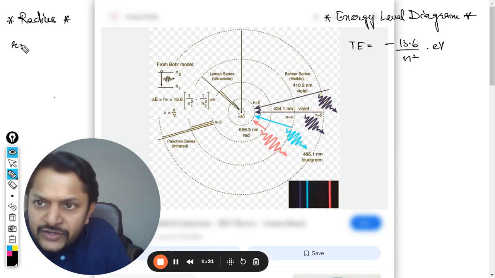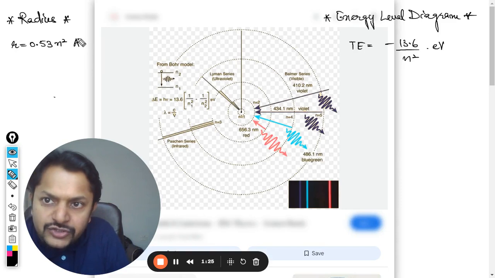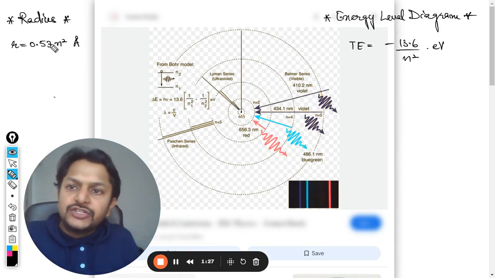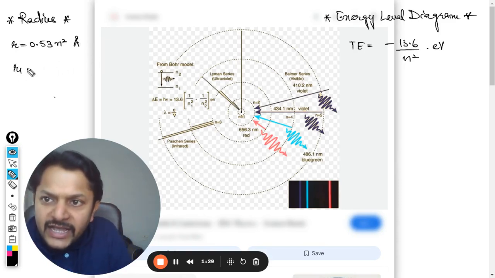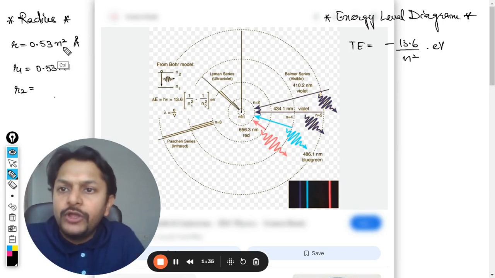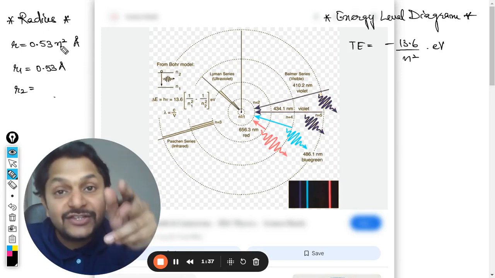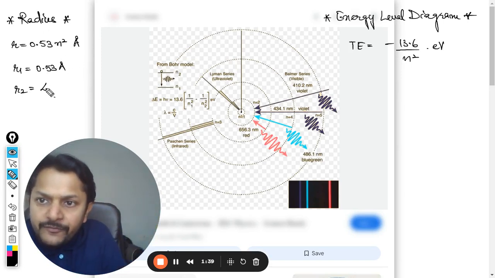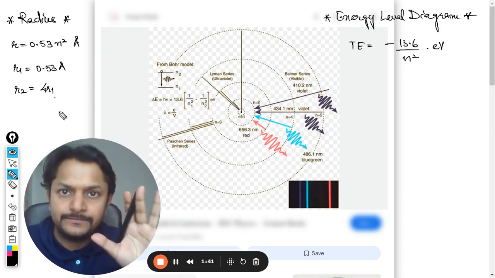The expression for the radius is 0.53 n square angstrom. This is R1. In the case of hydrogen, R1 will be 0.53 angstrom. What about R2? I substitute the value of n as 2, so it becomes 4 times R1.